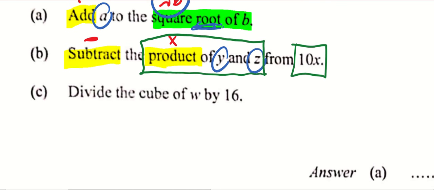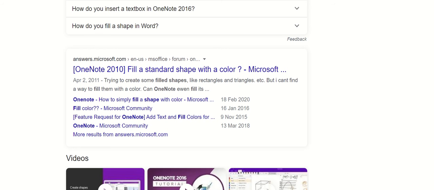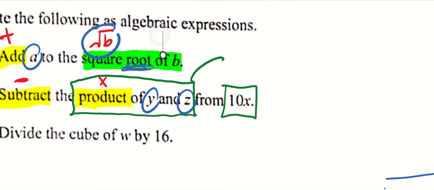What do we mean by product of y and z first? It's nothing but y times z. Now in algebra, when we are multiplying two letters, two unknowns together, we usually do not write the multiplication sign in between.